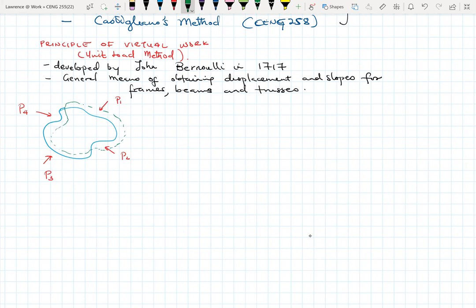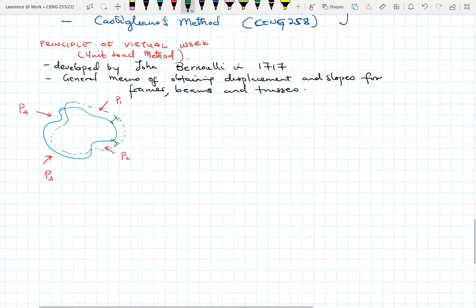In my case, the net force is going towards the northeastern direction. So you have deflections at various points of interest. These are the external loads. The external loads P will also create external displacements, delta.